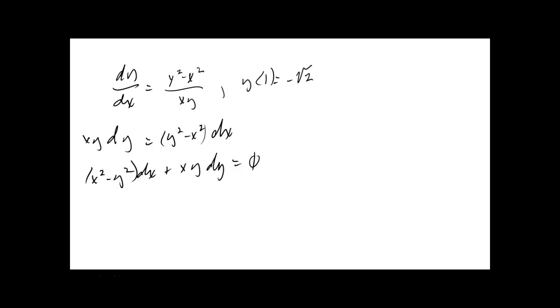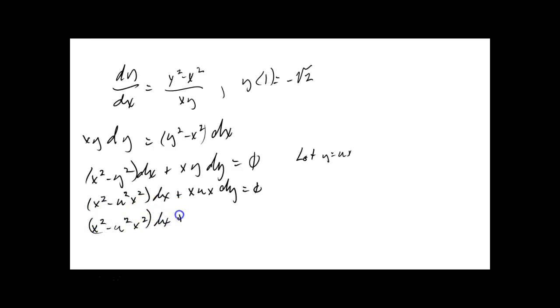So let's try y equal to ux first. So this would then be (x squared minus u squared x squared) dx plus x times ux dy equals 0. So this is (x squared minus u squared x squared) dx plus x squared u.